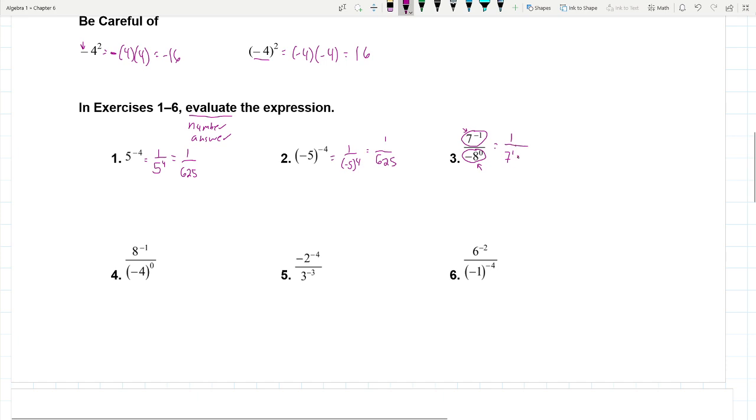And so this is times, and then I'm going to do this part in parentheses because I'm simply talking about what's happening in this negative 8. Negative, and this 8 to the 0 power is 1. And so what this winds up being is 1 over 7 to the first is 7, times negative 1 is negative 7. So I get negative 7.